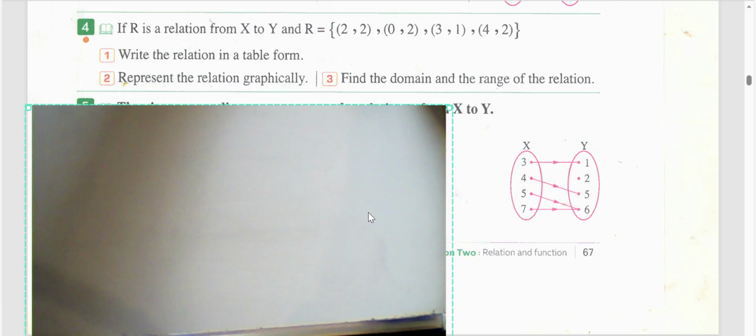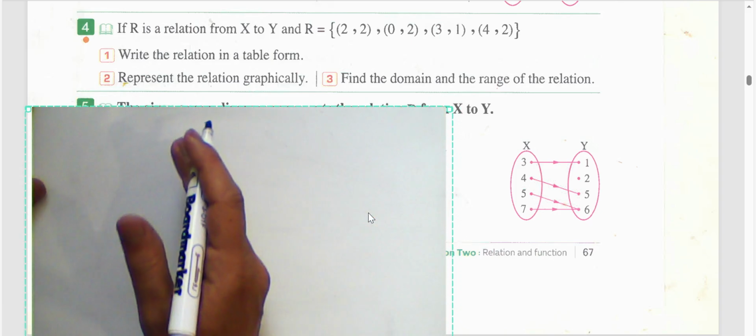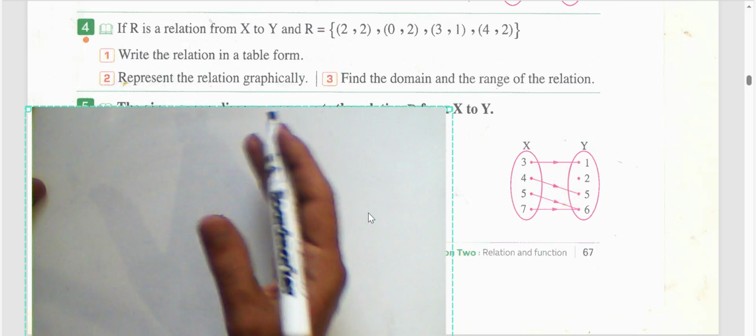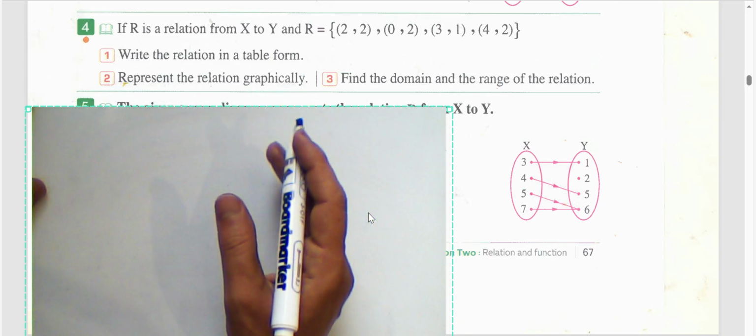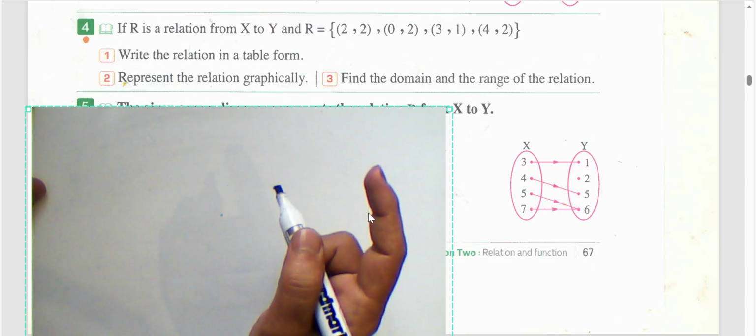Number 4. If R is the relation from X to Y and R equals (2,2), (0,2), (3,1), (4,2), is it a function or not? We have 2, 0, 3 and 4.